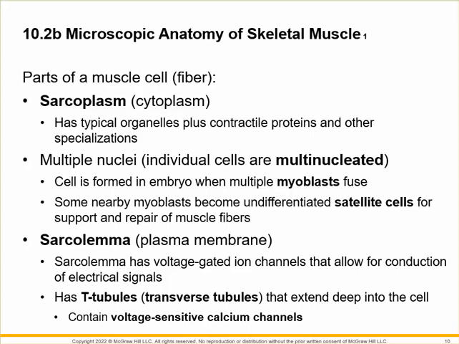Like they can be huge. And so you have to have protein synthesis happening along the entire length. It would take too long to distribute a protein made centrally to the periphery. So there are multinuclei.